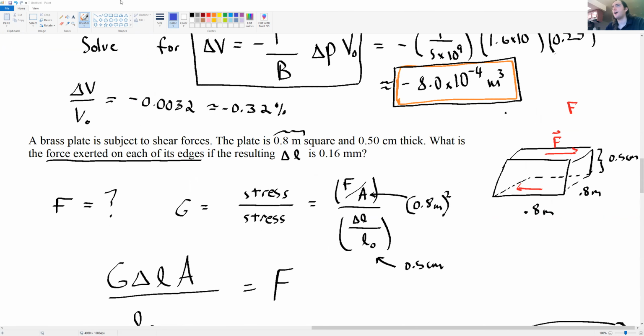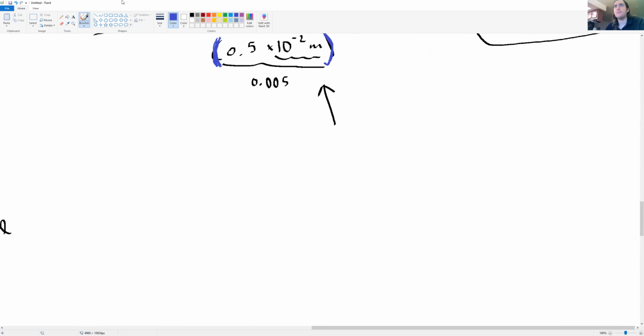So it is the area of this cube right here. Let me go ahead and highlight it. It is that area right there. It's the same area that we used for the elastic modulus. So it's the area at the top. Let's draw another picture here.